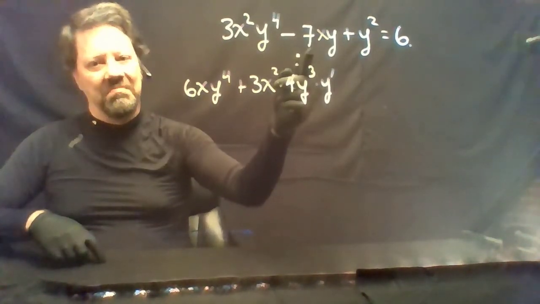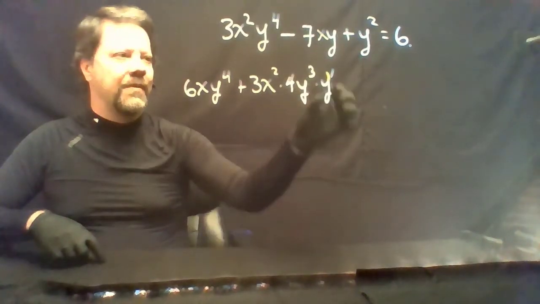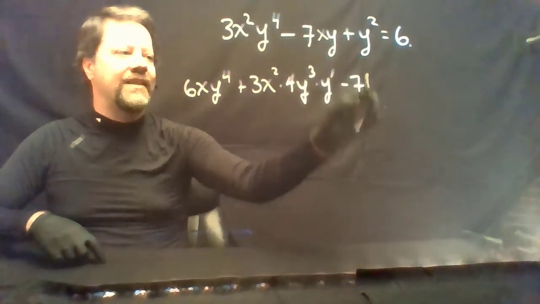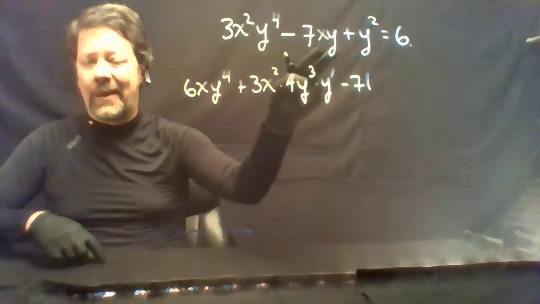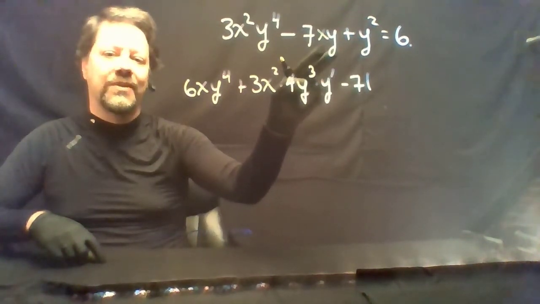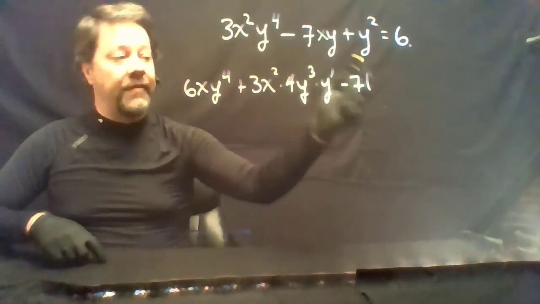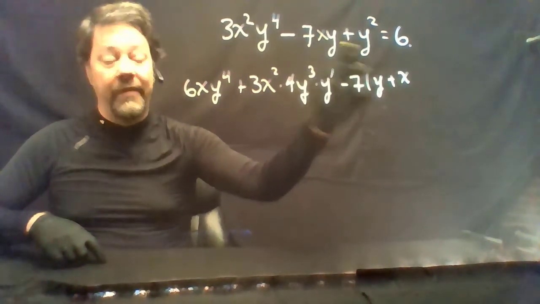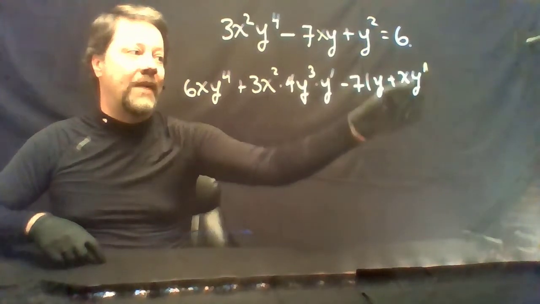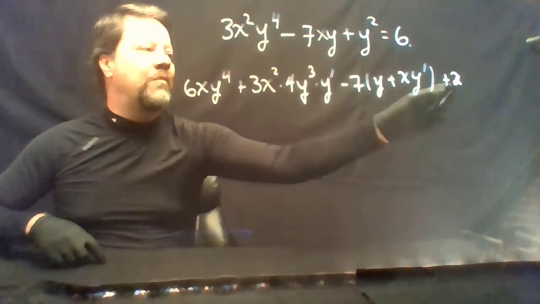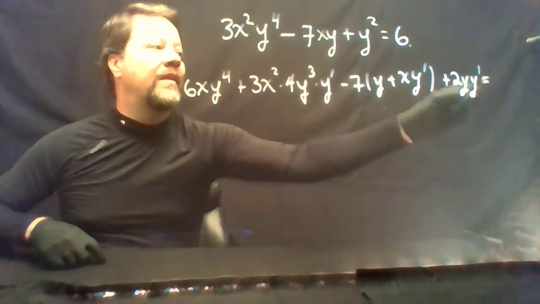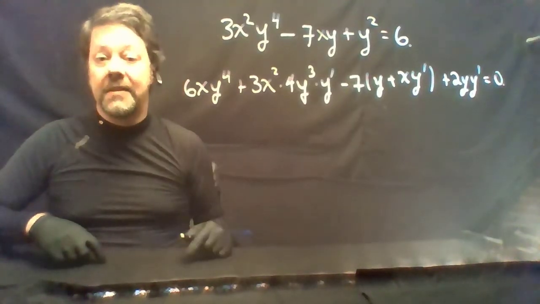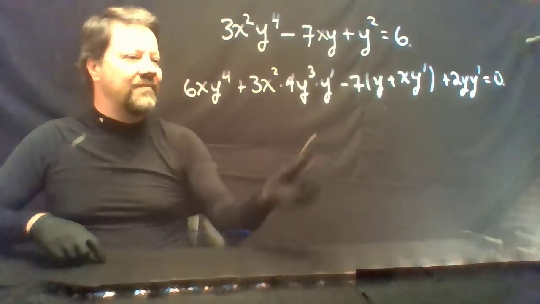On the next term, maybe for your sake, I'll write this as minus 7 times the derivative of the quantity xy, and just apply the product rule to the xy. Derivative of x is 1 times y, plus x times derivative of y with respect to x is y prime. And then plus 2y prime, and the derivative of 6 is 0 because it's constant.